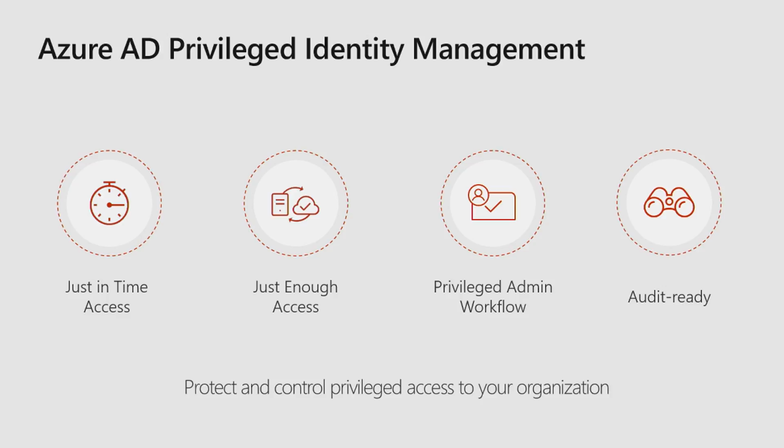You can require approval. For example, if you have contractors or partners that you work with heavily and you want to provide them access to the global admin role, maybe a SharePoint admin role, or even a subscription in your Azure resources, you can do so now with Privileged Identity Management. Those contractors can then request access, and those individuals can be approved for access in order to conduct some changes within the configuration of a subscription, a resource group, or even a VM.